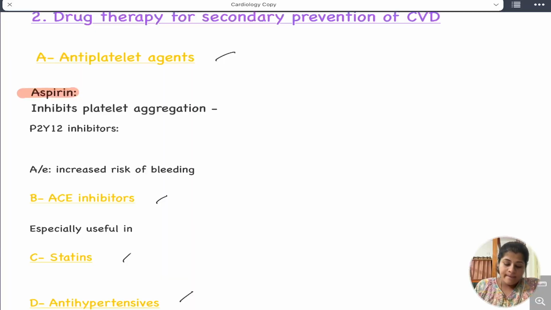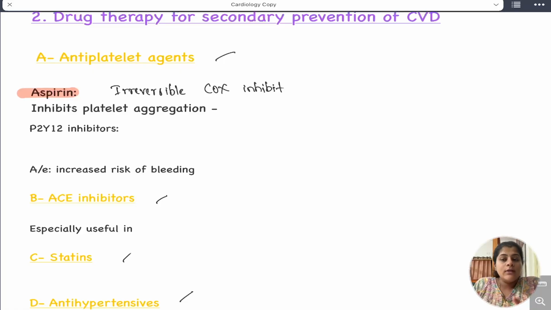Okay. How does aspirin act? It is an irreversible COX inhibitor, a cyclooxygenase enzyme inhibitor. We'll read about antiplatelets and anticoagulants in detail, like the pathway of platelet aggregation, the coagulation pathway, and how these medications act on those pathways.